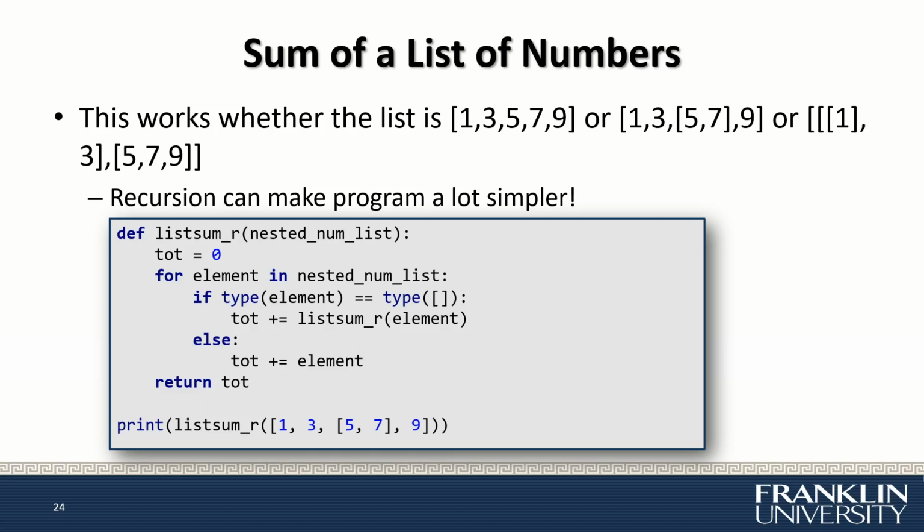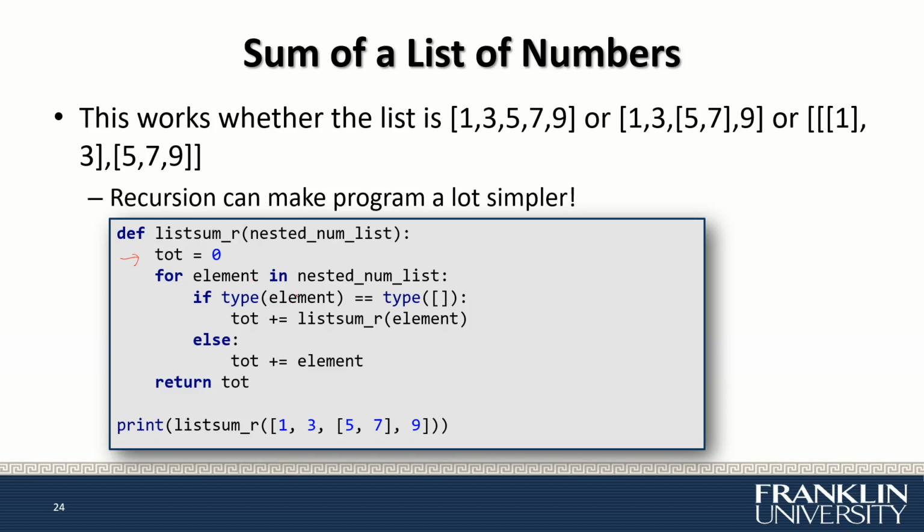In this case, I do not have an if-else statement, but I'm combining the idea of iteration and recursion. This is using the accumulator, and for element in nested num list, the type function tells me what the data type is.